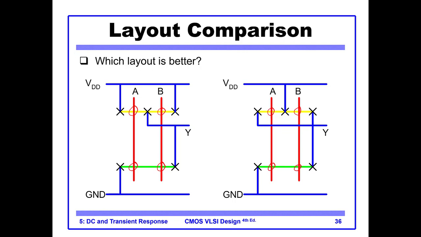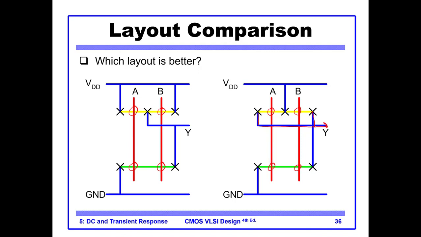They are in series. What is the difference? The difference is on the left side we have two connections for VDD and a single connection for output. On the right side we have a single connection for VDD, and we have two contact points, so this one and this one, two connections for our output.